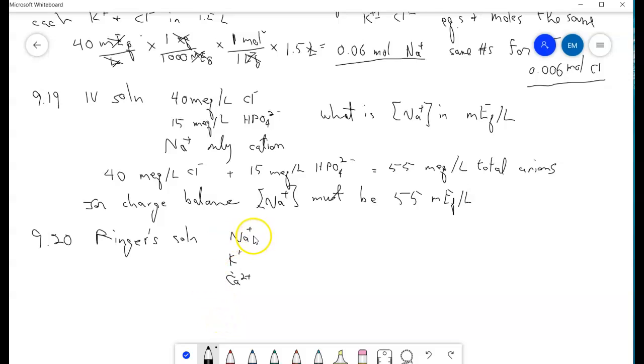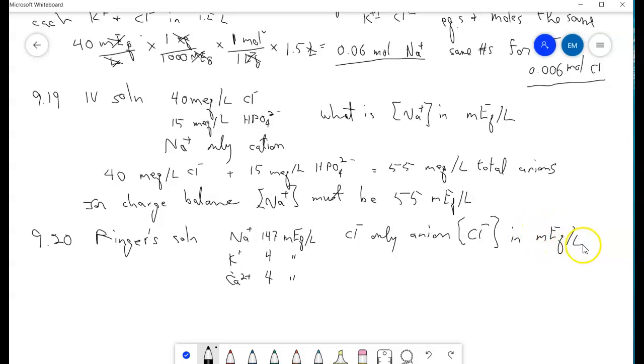Okay, we got 147, 4 and 4. That's all milliequivalents per liter.